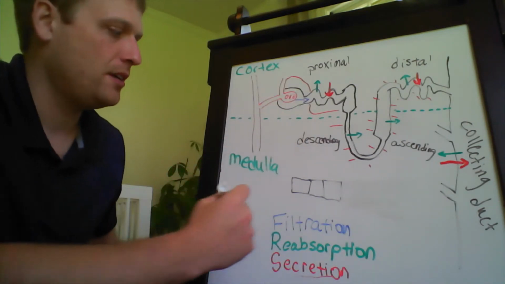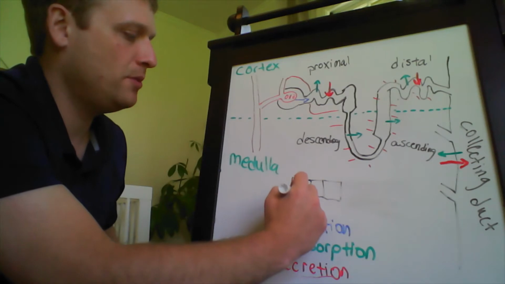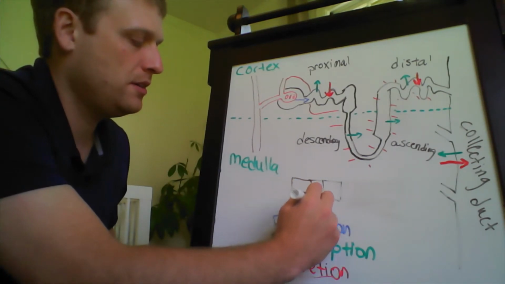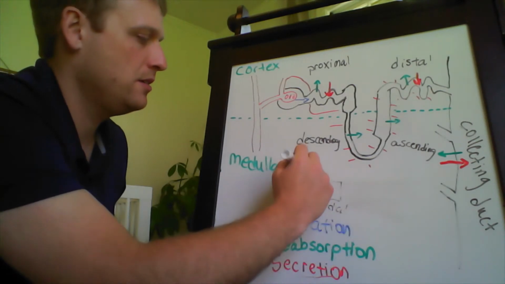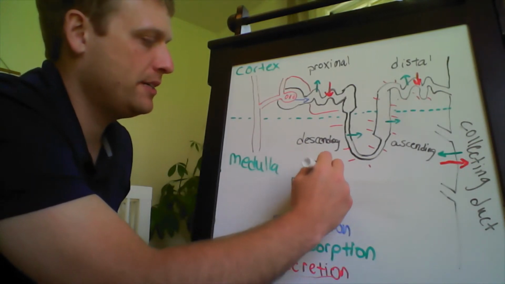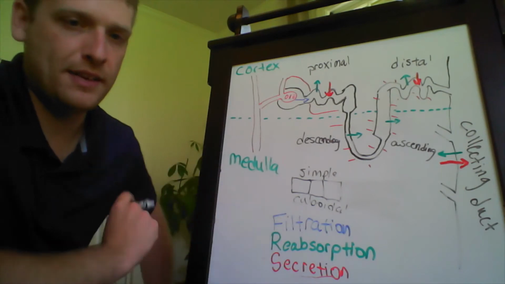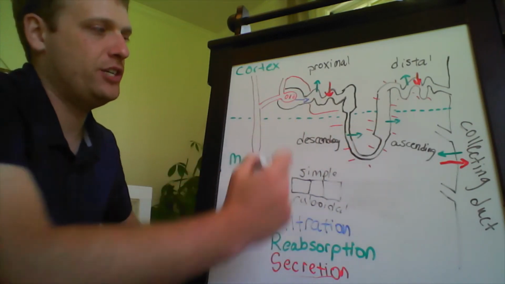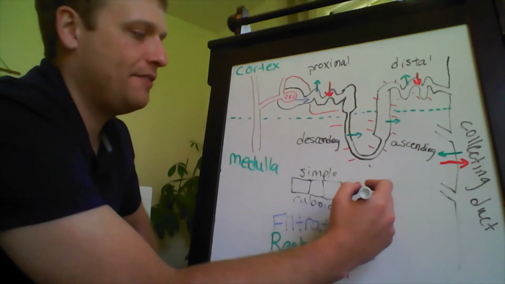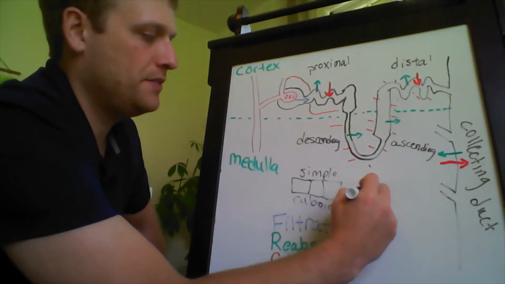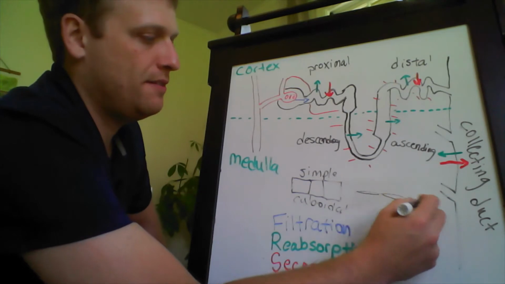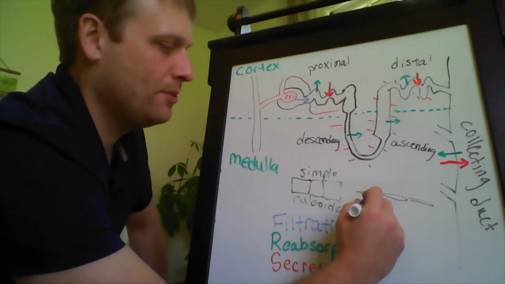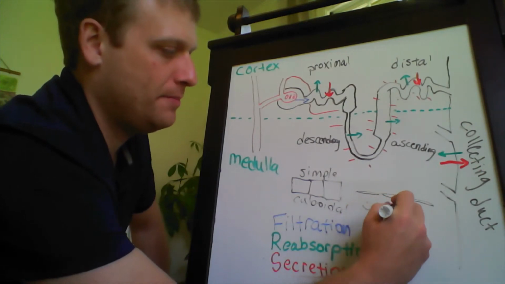So in the places where the tubules are thick, those are going to be simple cuboidal cells. Simple because they're a single layer, cuboidal because they've got kind of that square shape. Whereas in the thin regions of the nephron, you're going to have, again, a single layer of cells, but they're going to be those flat, thin, stretched out cells, your simple squamous epithelium.